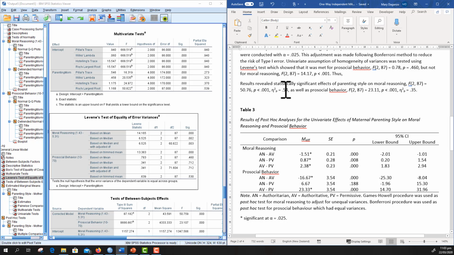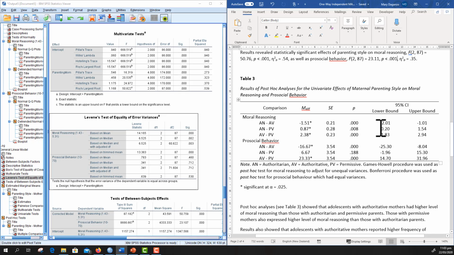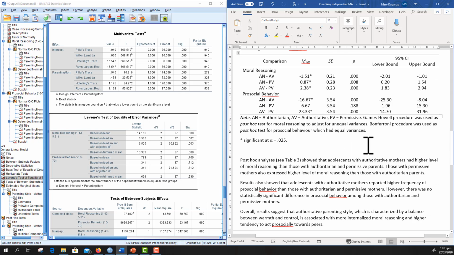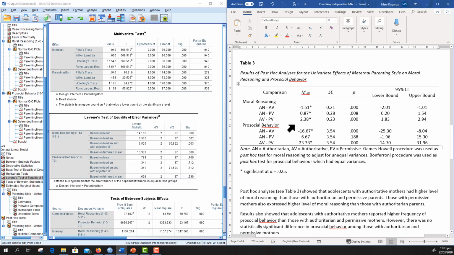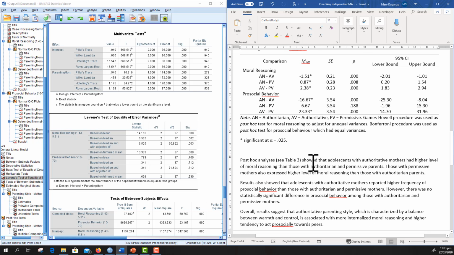And again, this doesn't have a leading zero because it cannot exceed 1, at least for a single factor design. Okay. And then because the post hoc test has a lot of values to report, again, I report this in table form.